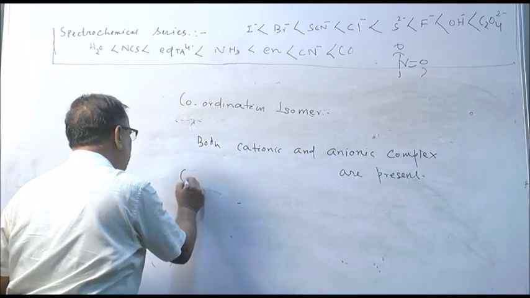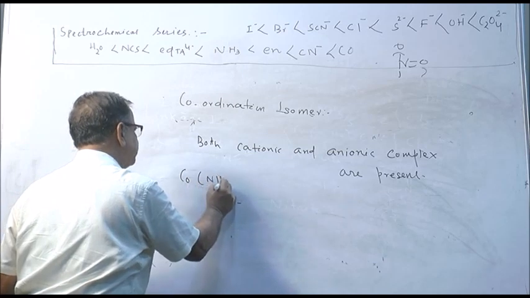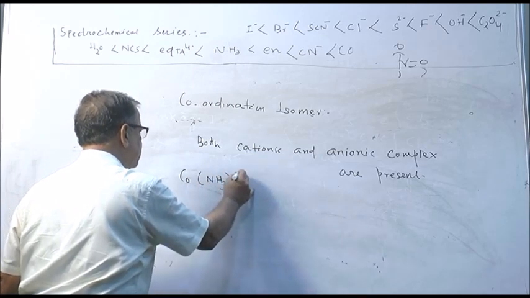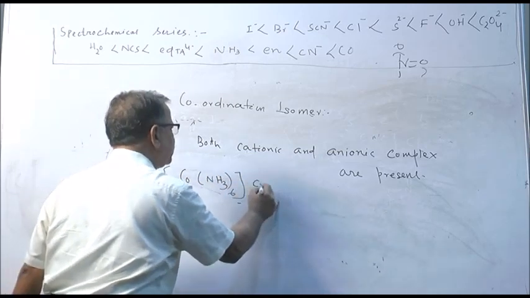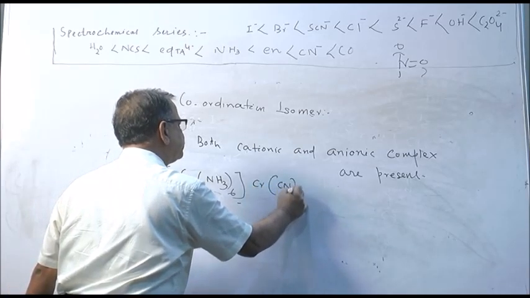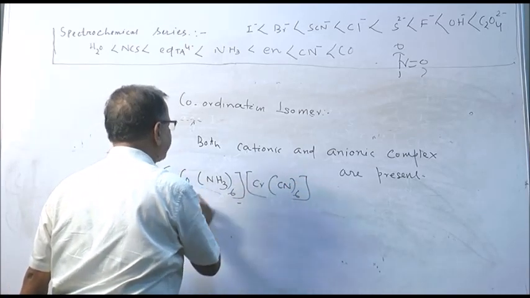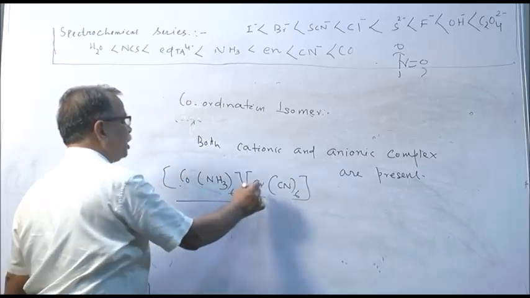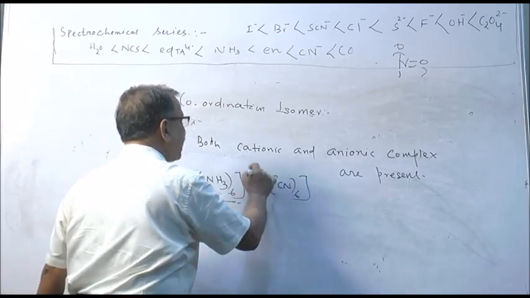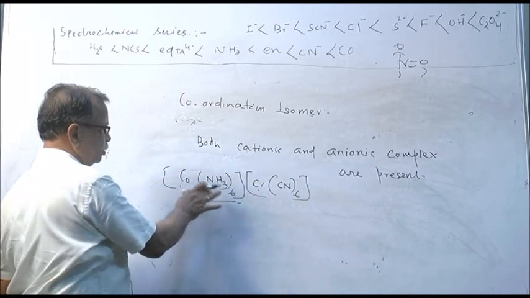For example [Co(NH3)6][Cr(CN)6]. This part is the cationic complex with cobalt 3+, and here is chromium 3+. This is the anionic part and this is the cationic part.